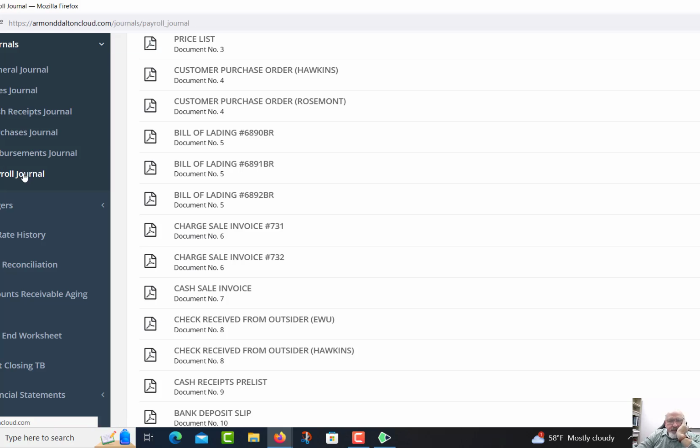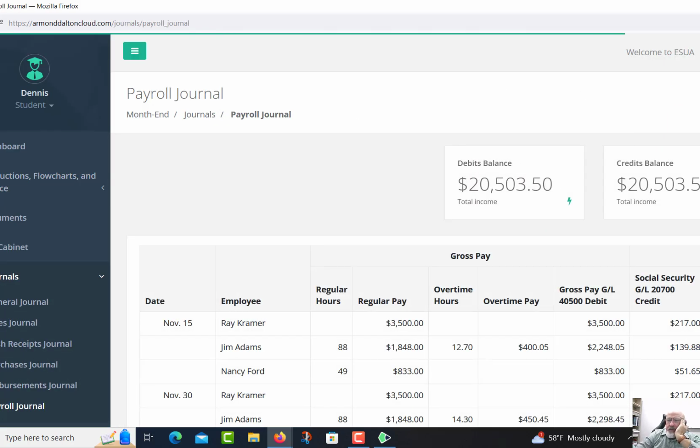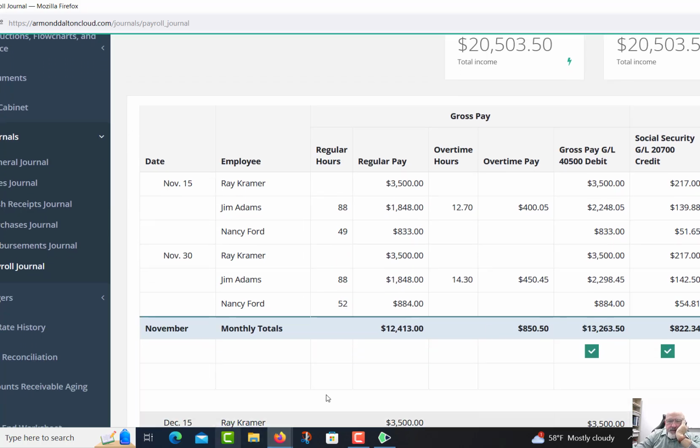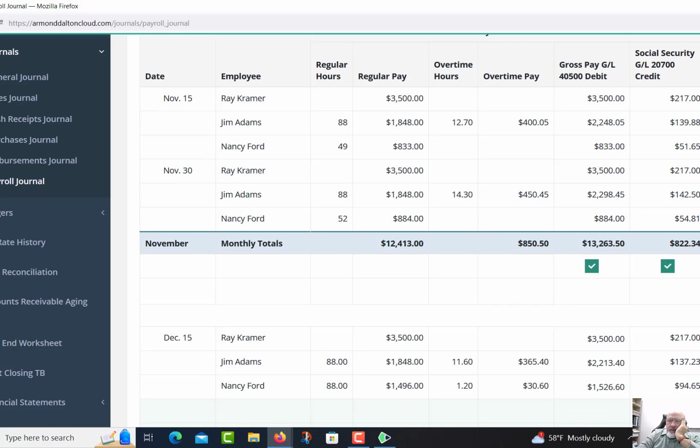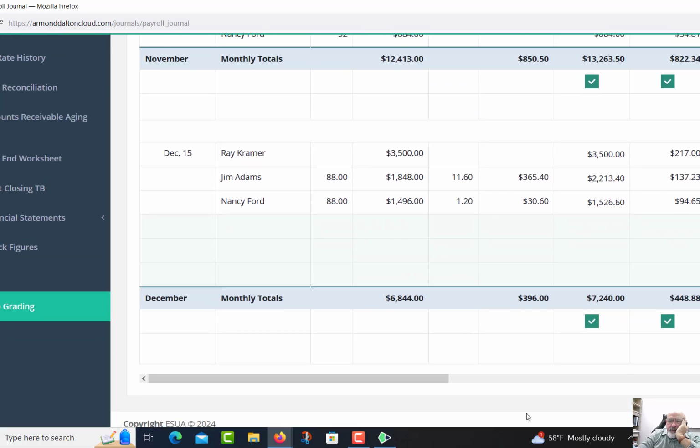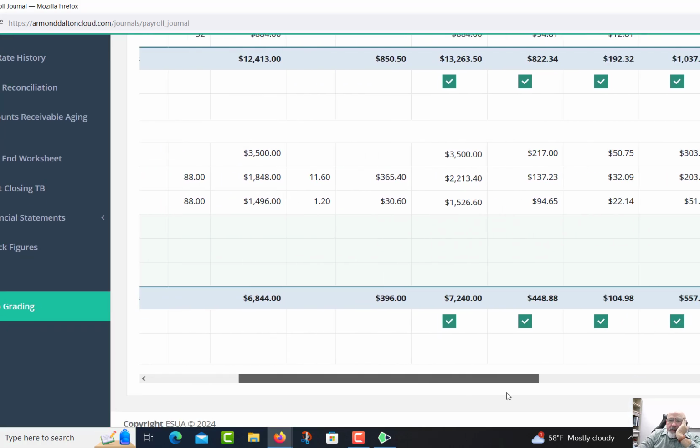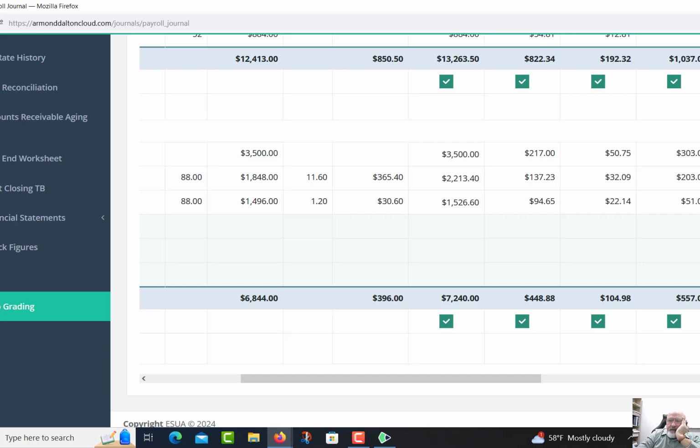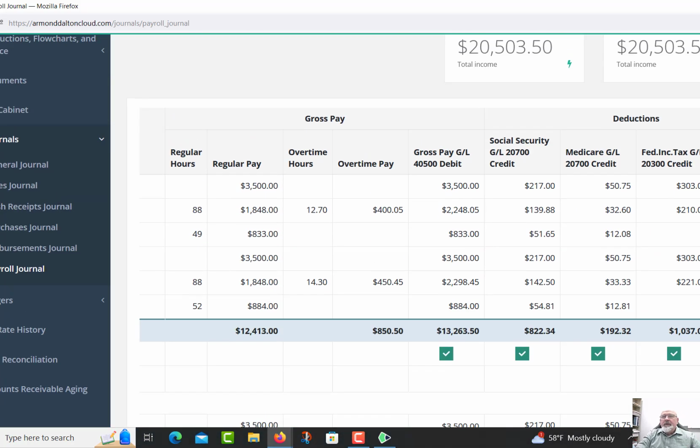So you have the payroll journal, and in this journal, you're going to have a column that's Social Security, and you're going to have a column that is Medicare. So you want to total both Social Security and Medicare together for FICA. Remember? So our FICA number is going to be the total of Social Security and Medicare.